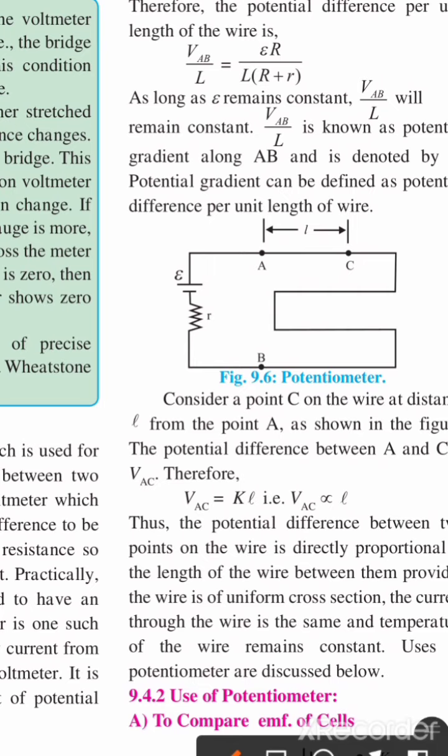This quantity, V_AB upon L, is known as the potential gradient along wire AB and is denoted by K. We define potential gradient as the potential difference per unit length of the wire.